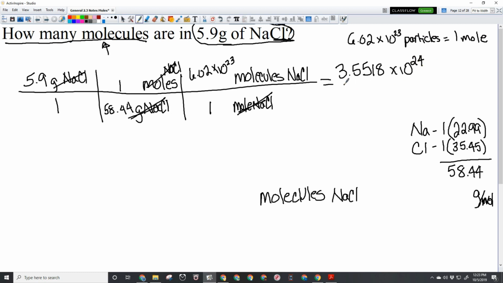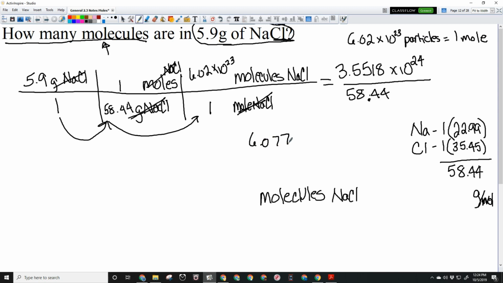See, we have to use scientific notation here. Divided by 1 times 58.44 times 1 is 58.44. So we're just going to divide that by 58.44. We're going to get 6.077686516 times 10 to the 22nd power.